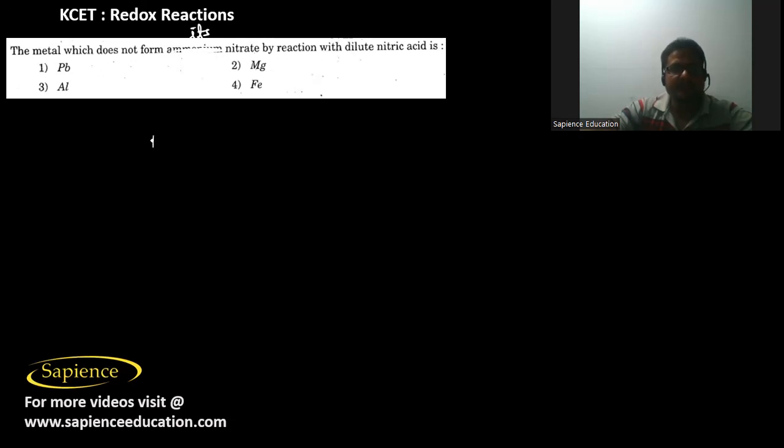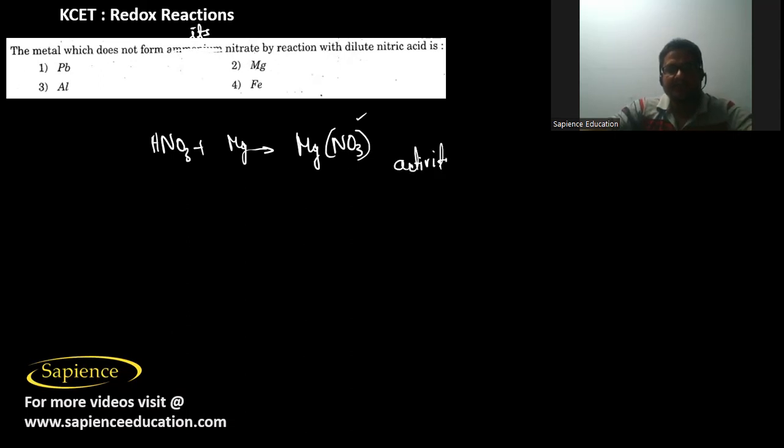So here when HNO3 reacts with Mg, it will form magnesium nitrate and hydrogen. Here also we have to use the activity series of metals.